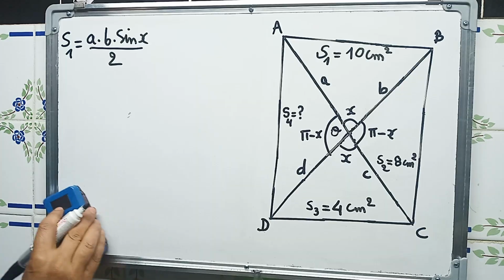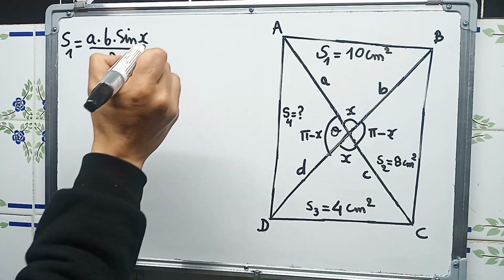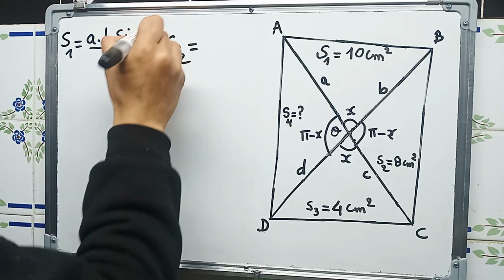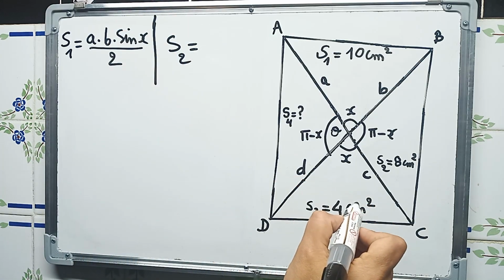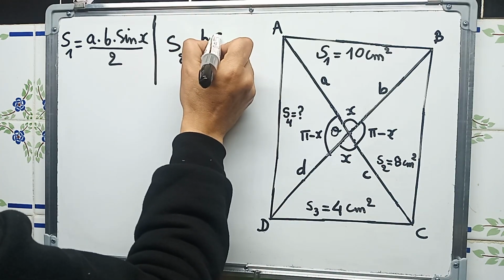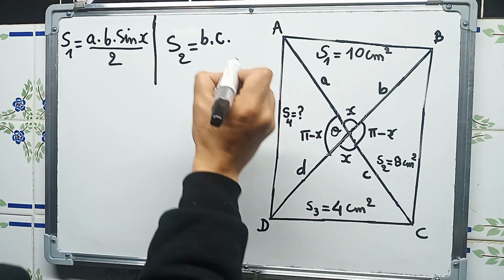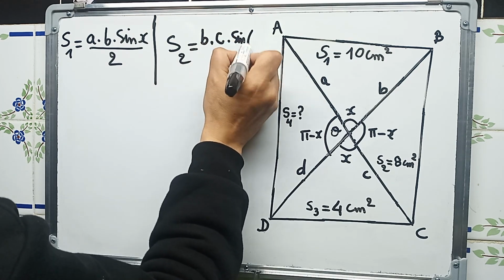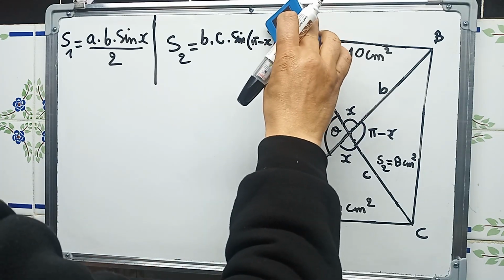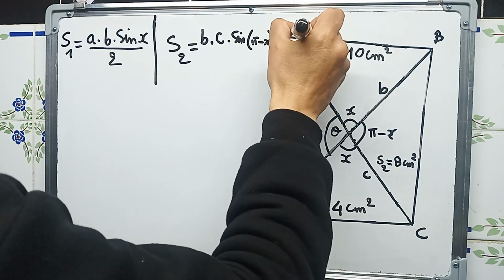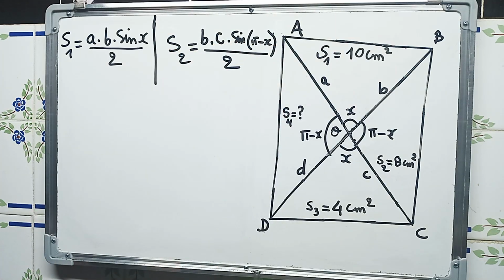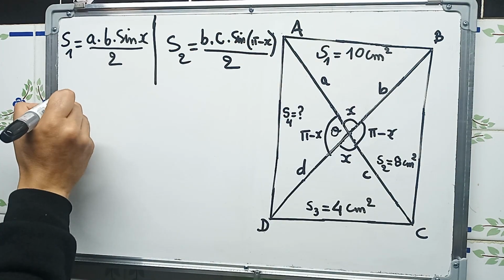So let's evaluate the second one, S2. S2 is equal to B C sine of pi minus X over 2, and the third one, S3.